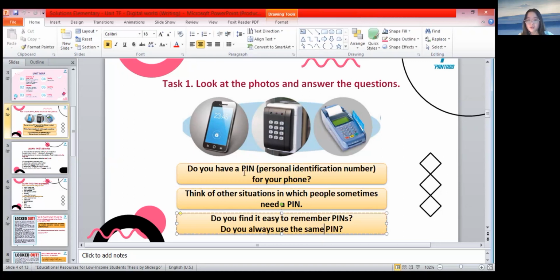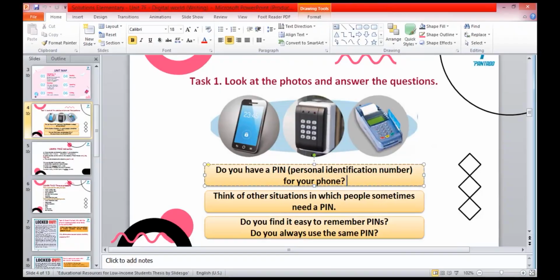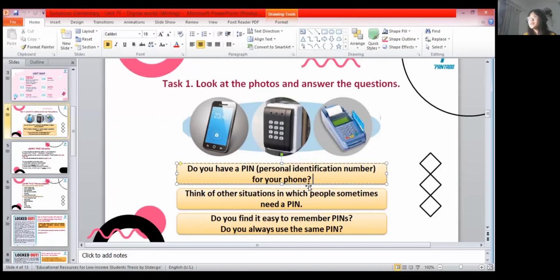Now look at the photos here and try to answer these questions. The first question is, do you have a PIN, a personal identification number, for your phone? No, I don't. Why? You don't have the phone? Yes, I have. But you don't have the personal identification number.